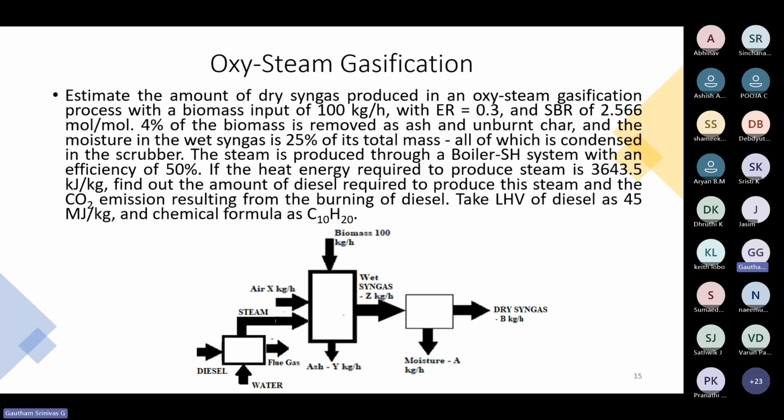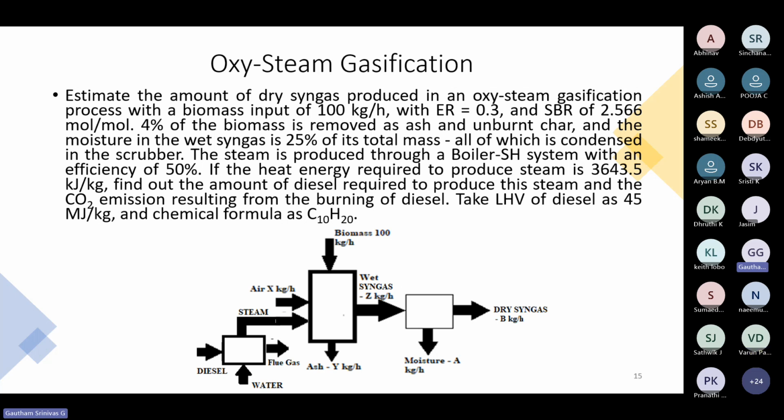So here 50% of the energy is lost. If you go in reverse, you know how much energy is required, divided by 50% or multiply by 2, you will get this. How much energy is required from diesel? How much energy is required at the input of the boiler and superheater? So that is in energy form, in kilojoules.